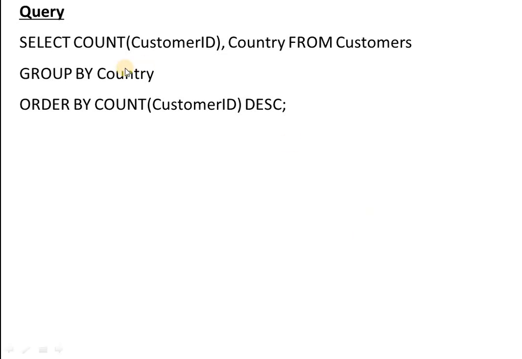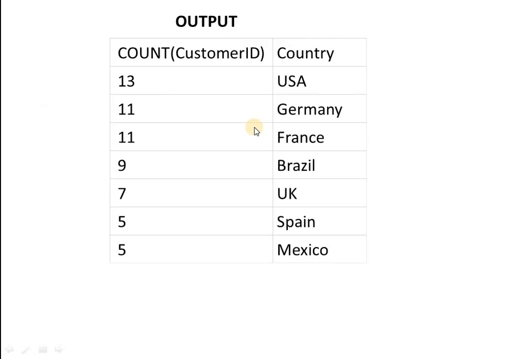One more example query here. Select count customer ID, comma country from customers. One more table is there. So I want to count customer ID and country. I want to group by country and order by count customer ID in descending order. You can see the result here.